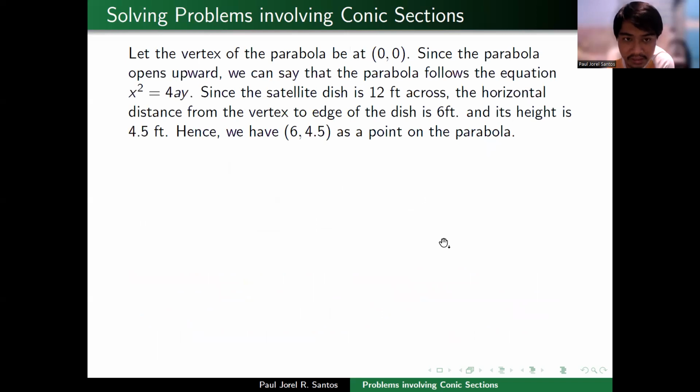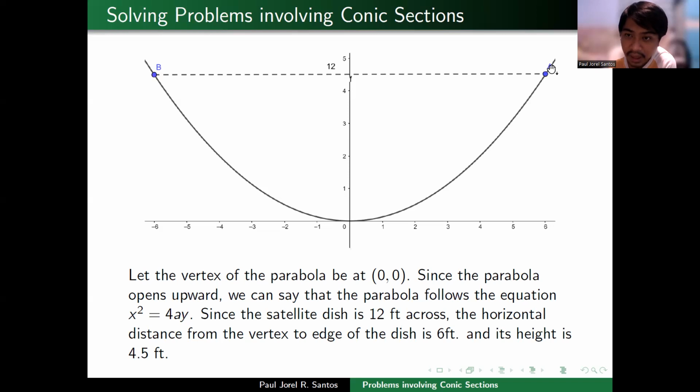Hence we have 4.5 as a point on the parabola. Point A here has the coordinate 6, 4.5.